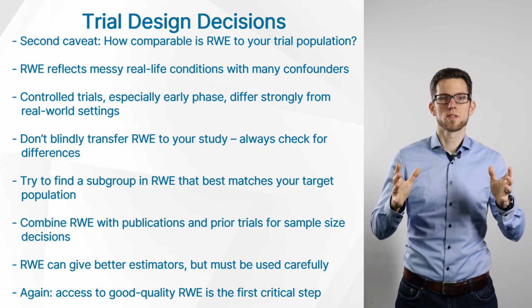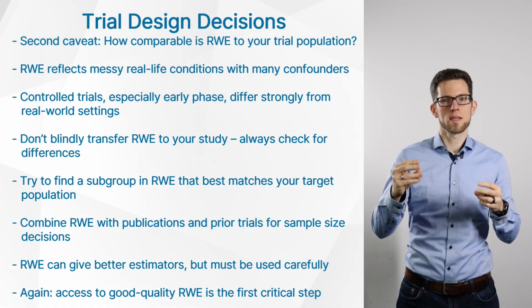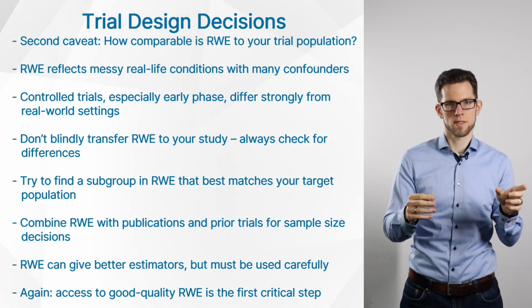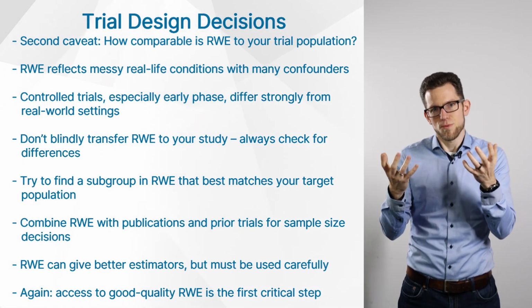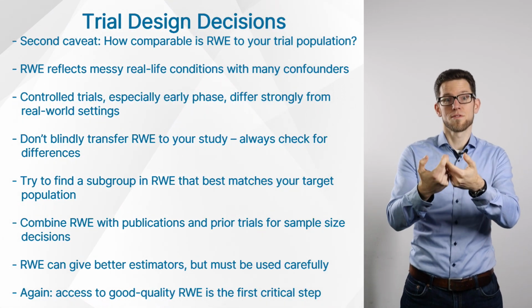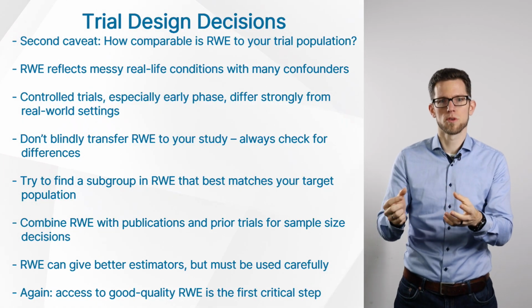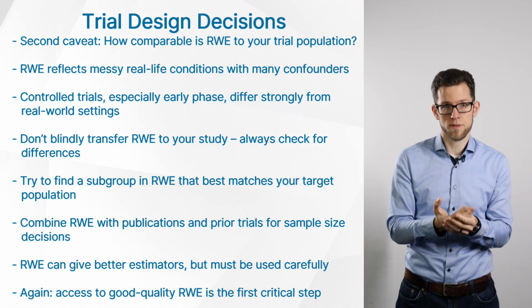So the second point to consider is how comparable the real-world evidence is to your study and your study design. The caveat with real-world evidence is that it's collected and it's representative of conditions you will find in day-to-day life, which are not heavily controlled and can have a lot of confounding variables.